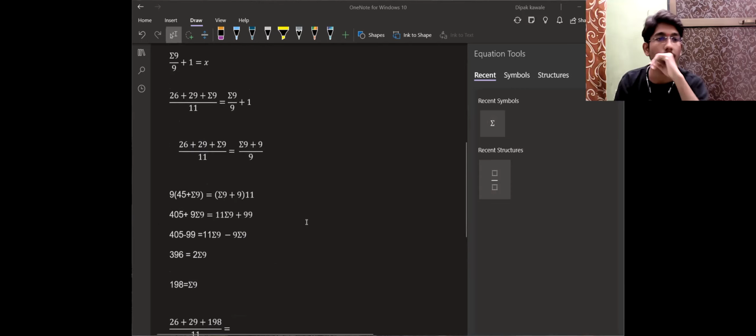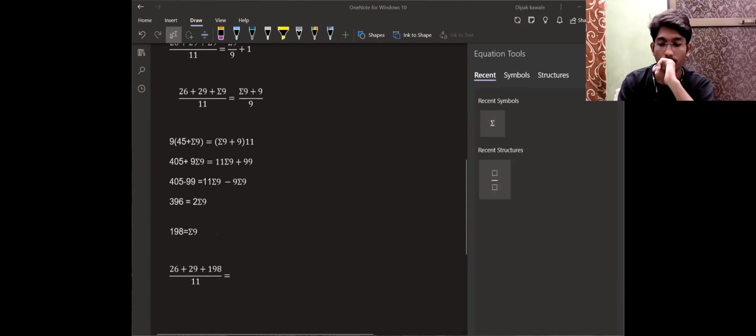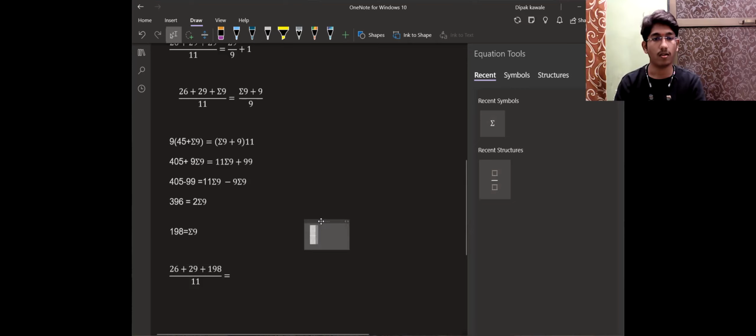So 26 plus 29, we are missing something. It is 26 plus 29 is 55, and 55 plus 198 will be 253.